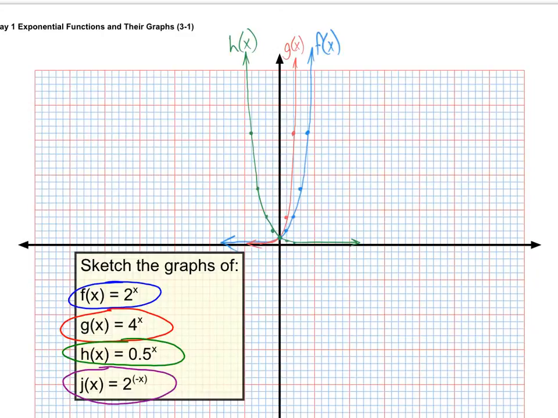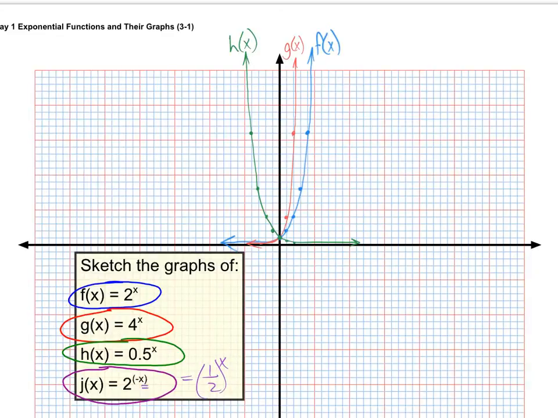Now, what is j of x here? 2 to the negative x. Can we take this and make it 1 over 2 to the x? Let's think about that.